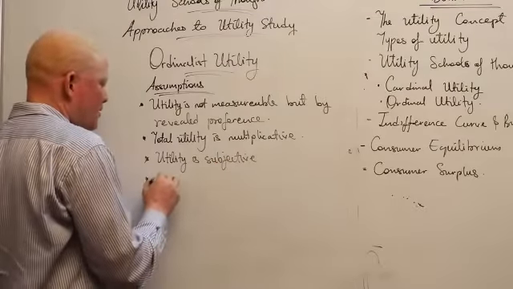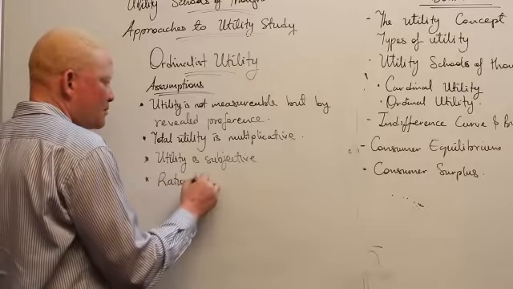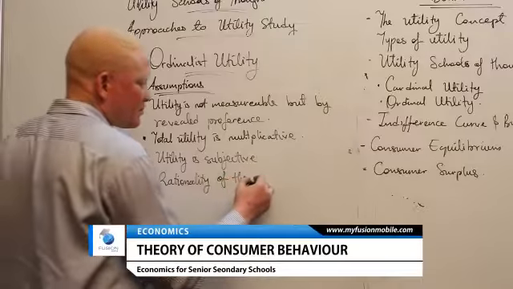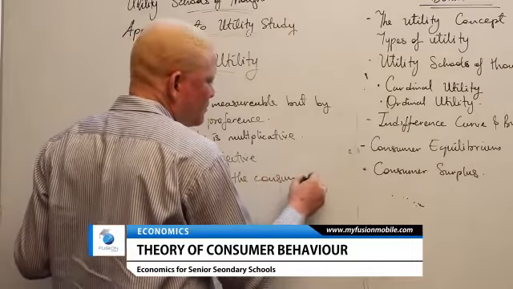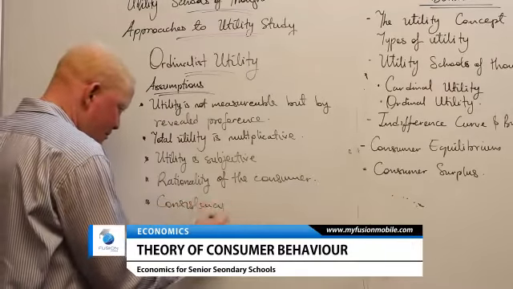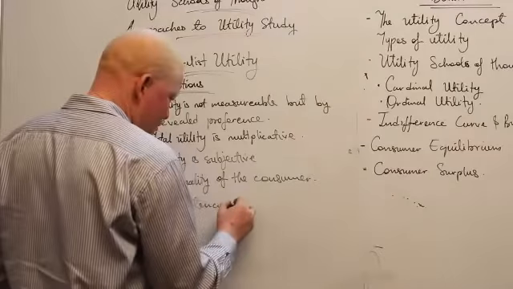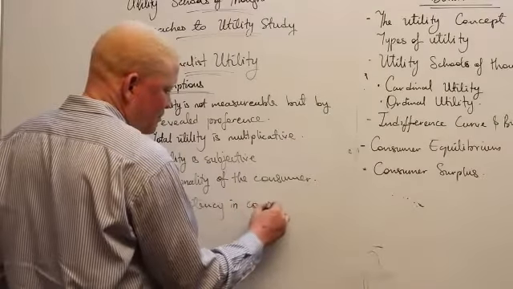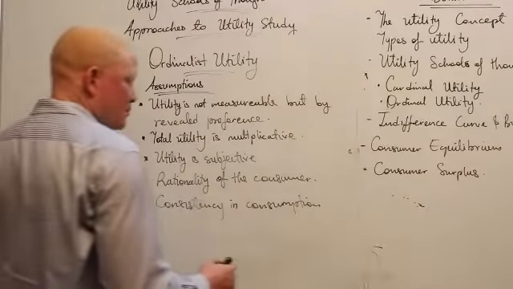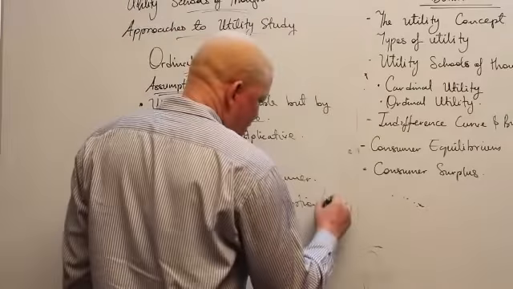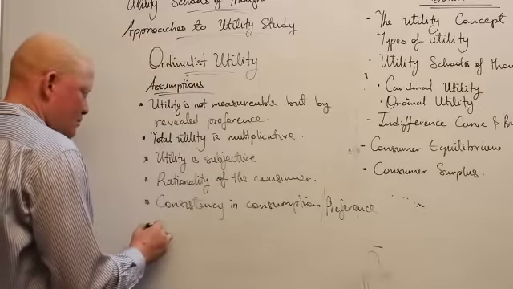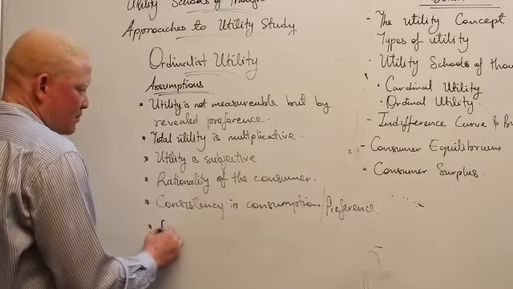Four, rationality of the consumer. Five, consistency in consumption or preference. Then constant price.